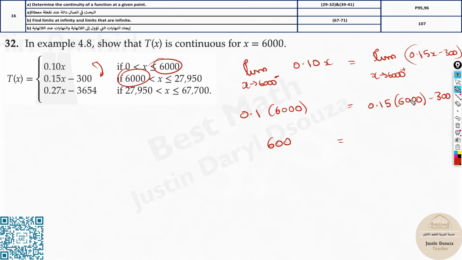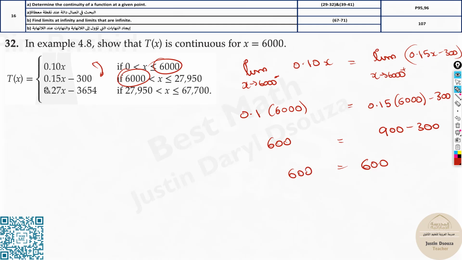But now what about this? 15 times 6,000 gives 900. So this is 900 minus 300. And yes, 900 minus 300 is 600, and over here also it is 600.